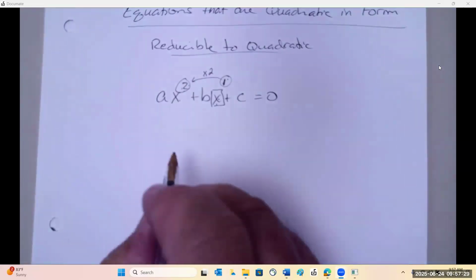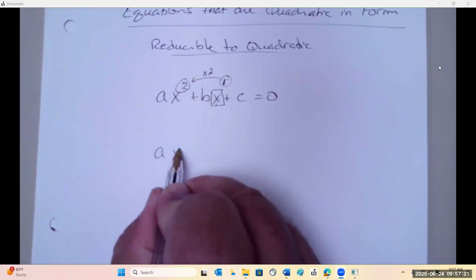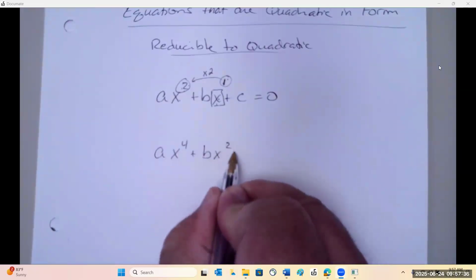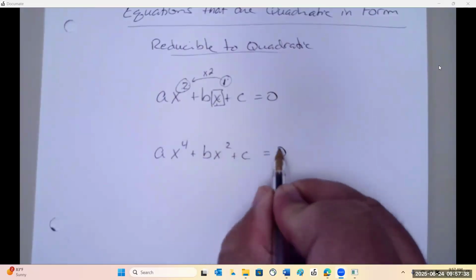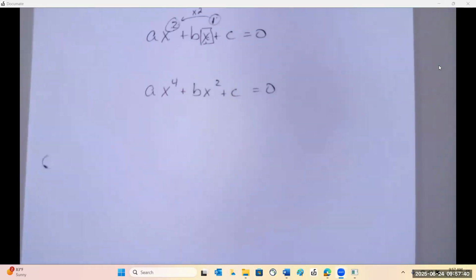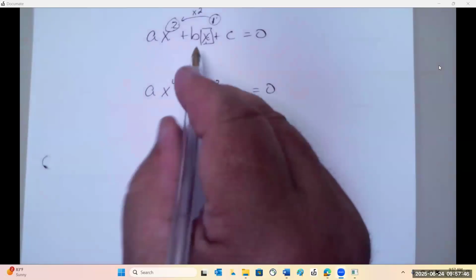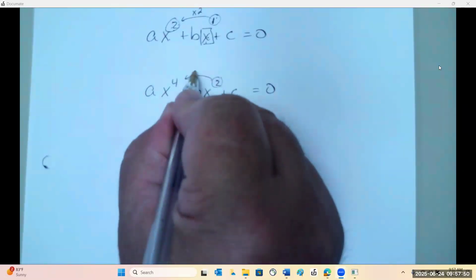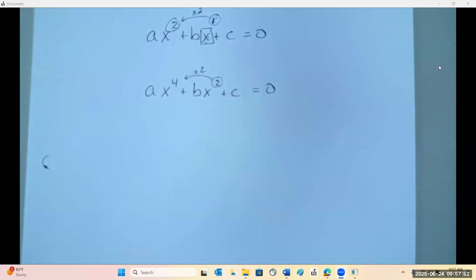The reason I'm saying that is because, is this quadratic in form? Yes, because of the same reasoning. If I take this number and multiply it by 2, what do I get? 4.